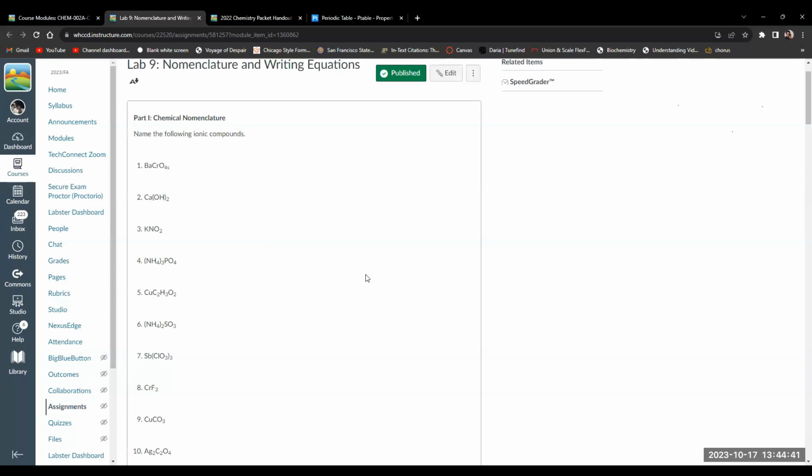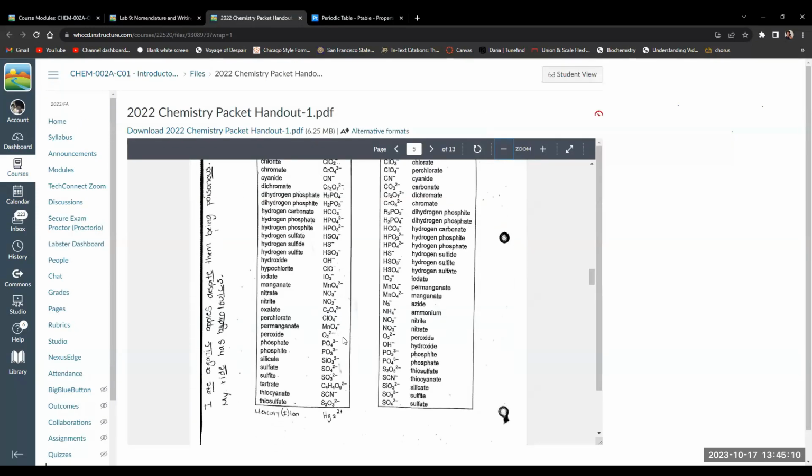So let's look at this first one here. We have BaCrO4. Actually, I think I'm getting ahead of myself. Let's look at a polyatomic on its own. Let's look at nitrate.